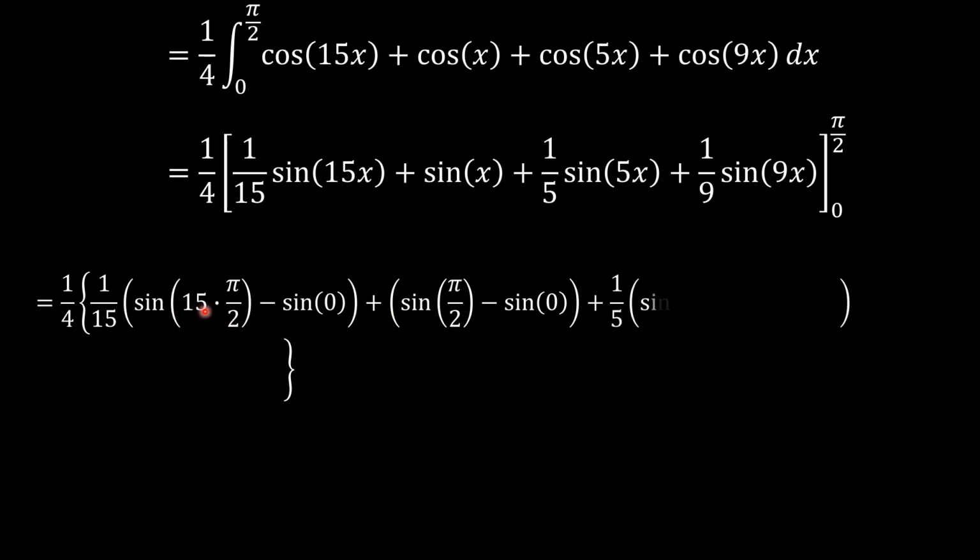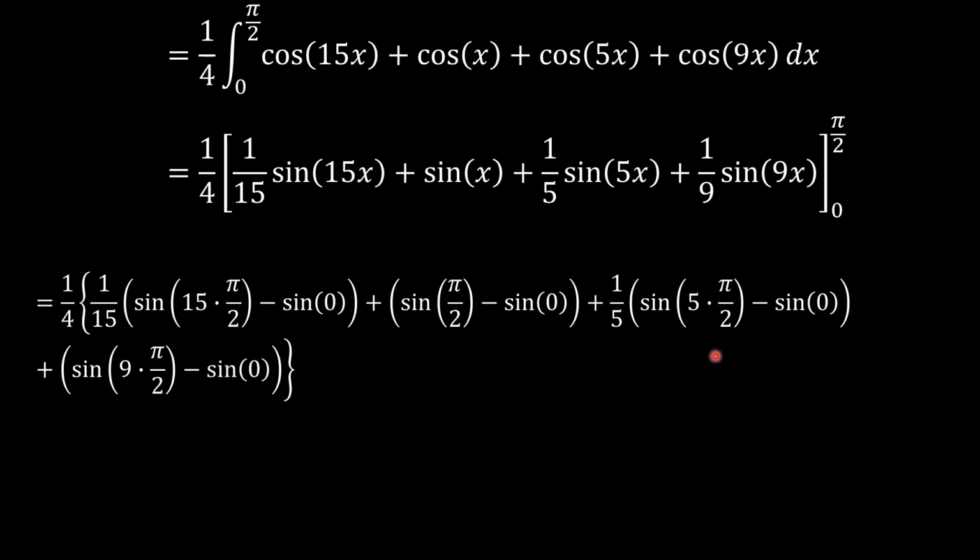So sine of 15 pi over 2, this is actually where the trick is. Sine of 15 pi over 2 is going to be equal to -1. The rest are just going to be equal to 1. Why? Because this is the same as sine of 16 pi over 2 minus pi over 2, right?